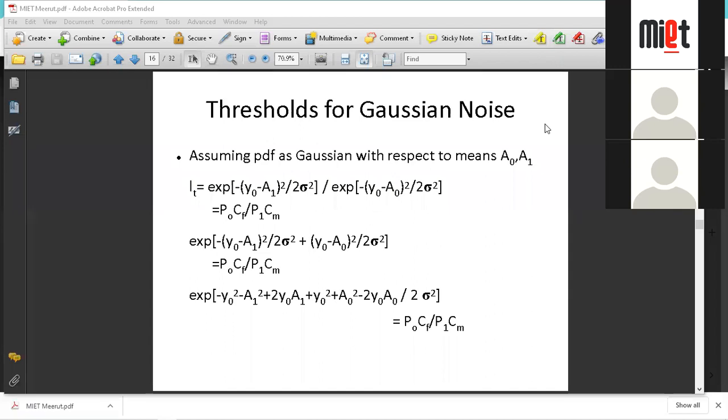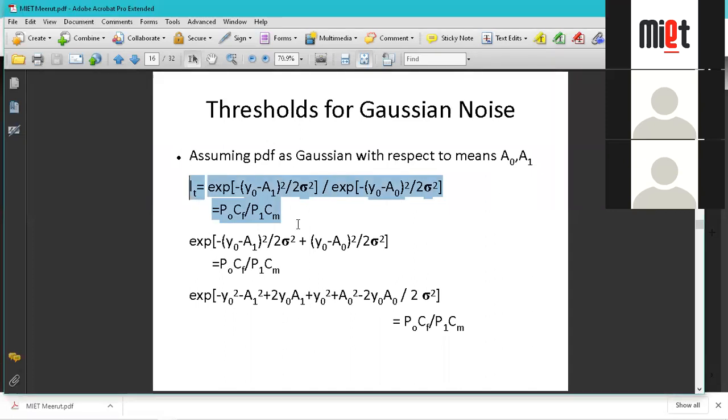So what we do is we assume that the PDF of the Gaussian noise is Gaussian, and the means are A0 and A1. So now when we try to find out this, it will be as shown in the figure itself, the very first equation.